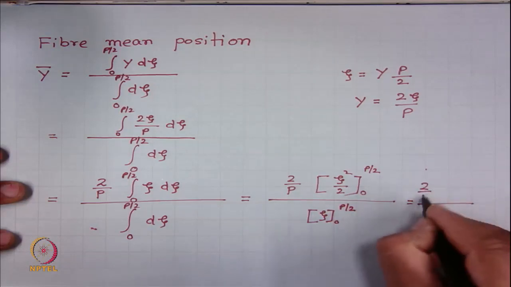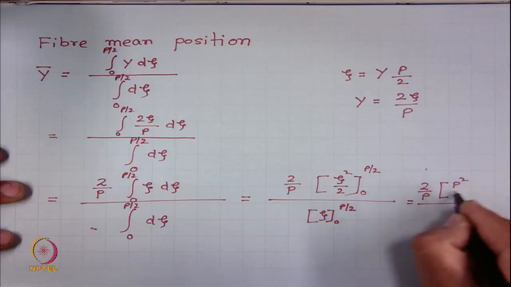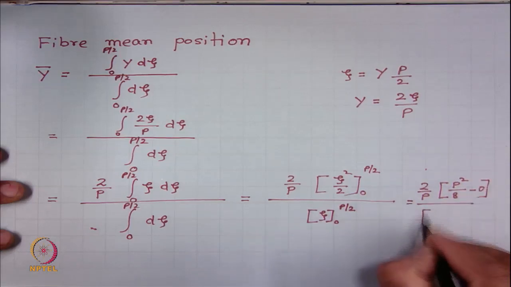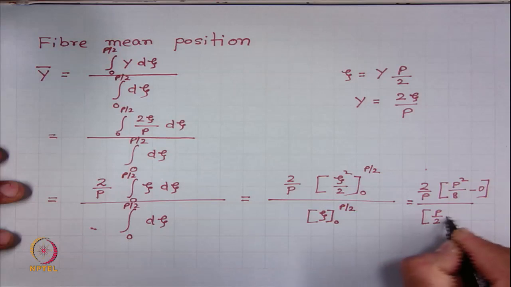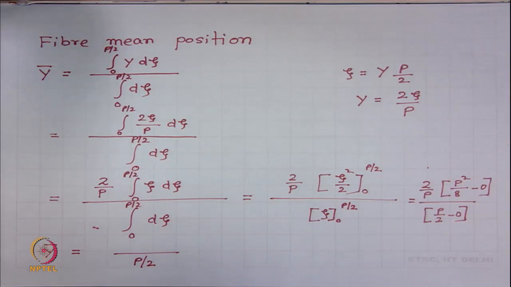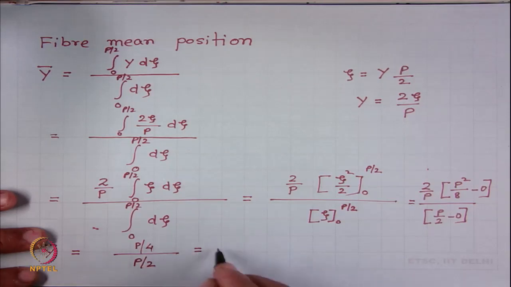So, 2 by p into p square by 8 minus 0. Here it is p by 2 minus 0. So, y bar is, here it is p by 2 and there it is p by 4. So, half.